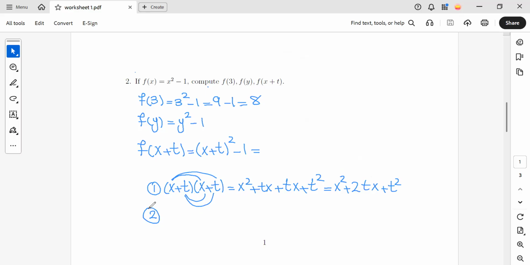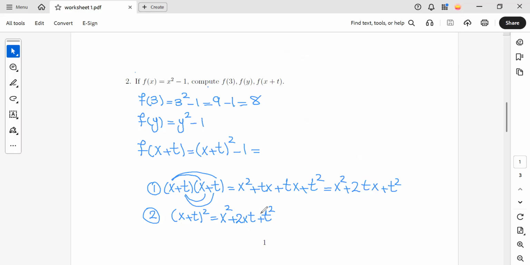Or option 2, you can memorize the formula that we have for (x plus t) squared. This formula says you would square the first one, you would square the second one, and between these two, you would write 2 times x times t, which is 2 times the first one times the second one.